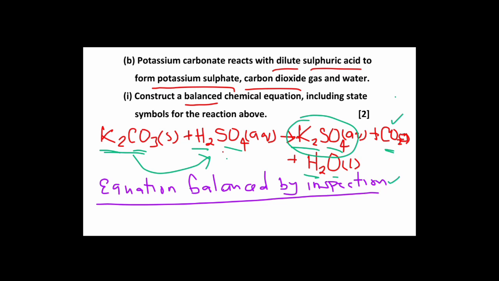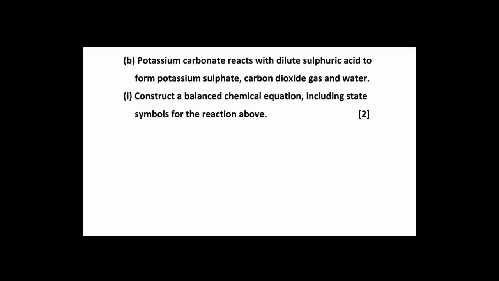Provided potassium carbonate continues to dissolve, it means the reaction is still taking place. But when it stops dissolving, since it is in solid state, we are going to know that the reaction is over. That's the reason why potassium carbonate is used in solid state. But sometimes it can be in aqueous state since it is a soluble salt. Interesting.